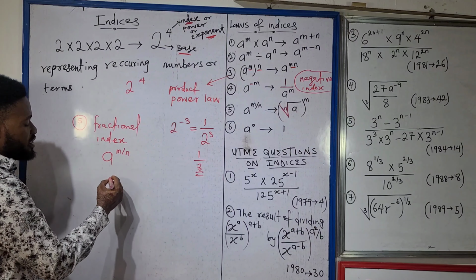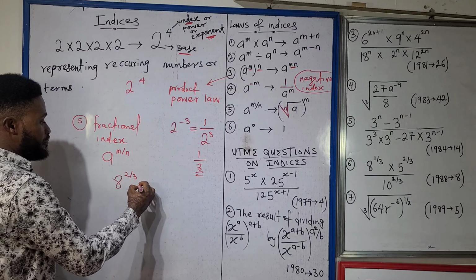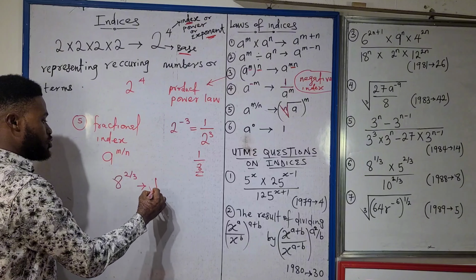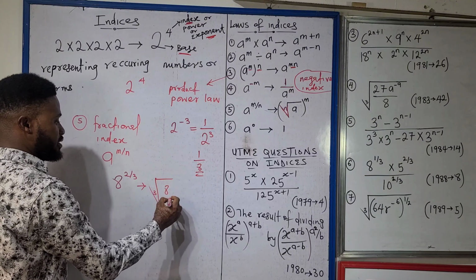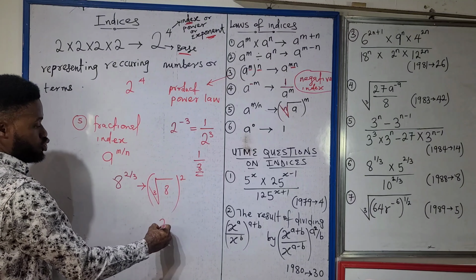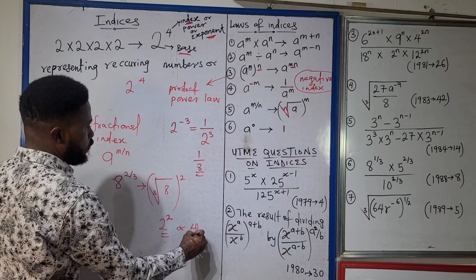So which means that if I have, for example, 8 raised to power 2 over 3, I expect the denominator, which is 3, to form the root. So that is going to be cube root of 8, whatever I get raised to the power of 2. Cube root of 8 is 2. 2 raised to power 2 is 4.